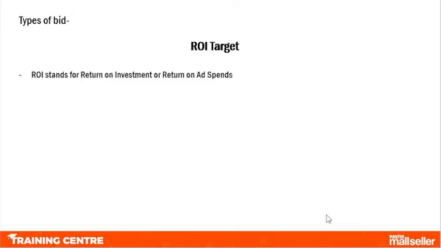For example, if you invest ₹100 in product listing ads and are expecting a GMV of ₹500, then the ROI would be 500 by 100, which is equal to 5x, that is 5 times. So you set an ROI of 5. Based on the ROI target and your daily budget, the system will automatically bid on your behalf for your product ads.